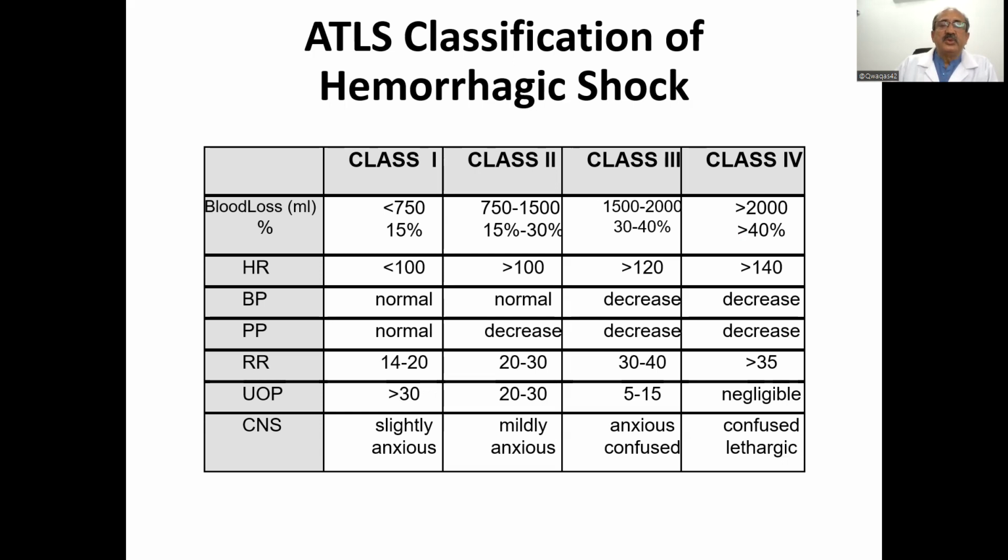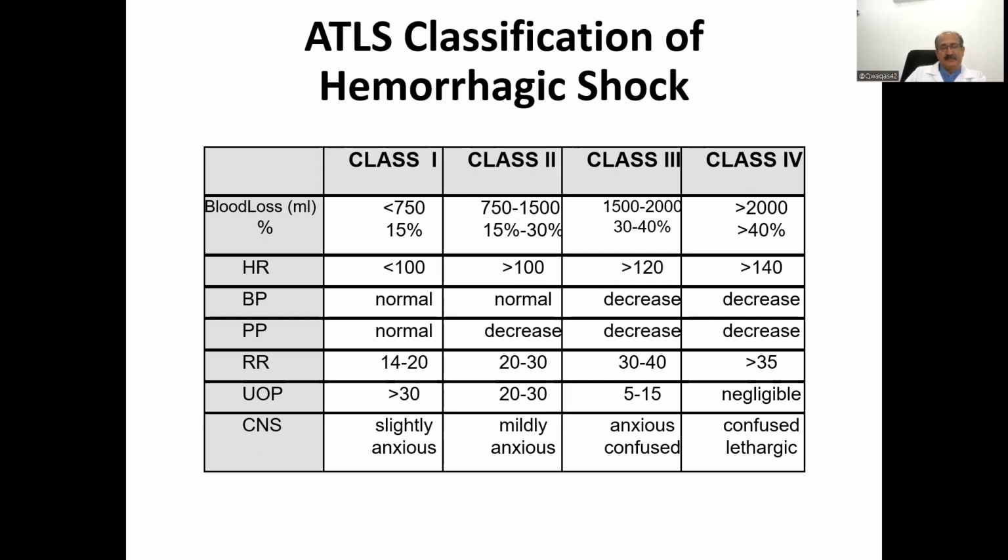But in class 2, the blood loss is 750 to 1500 ml, that is 15% to 30%, and heart rate is more than 100, the initial compensation. Blood pressure is almost normal, the diastolic may slightly increase as a compensatory response, but it is not necessary.